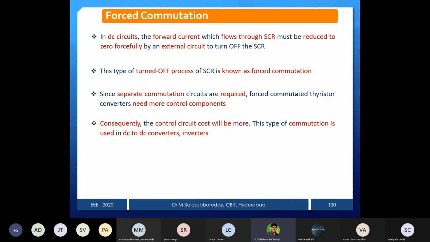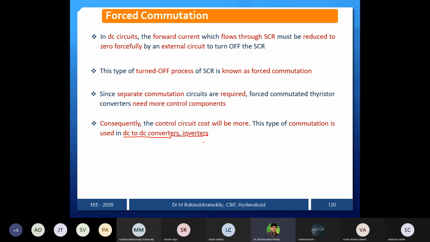This type of commutation is used in DC to DC converters and inverters. I already mentioned that whenever the input is AC, we don't require any additional circuit, but here the input is DC. For that case only we need to use forced commutation.